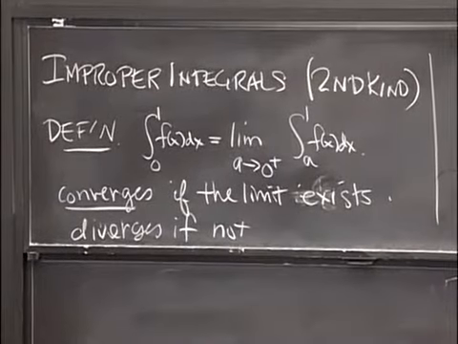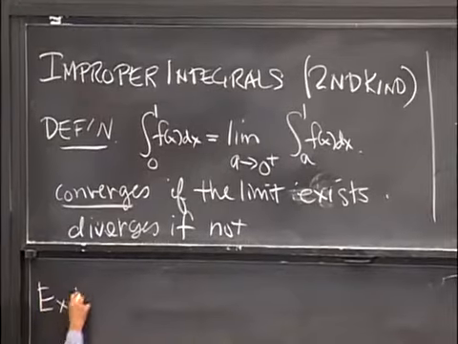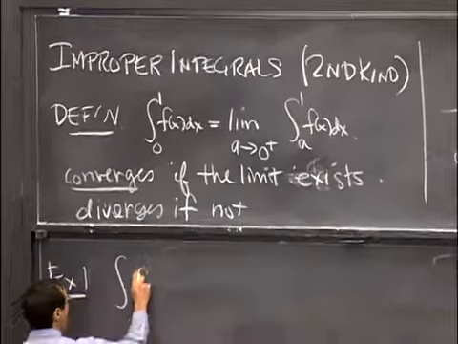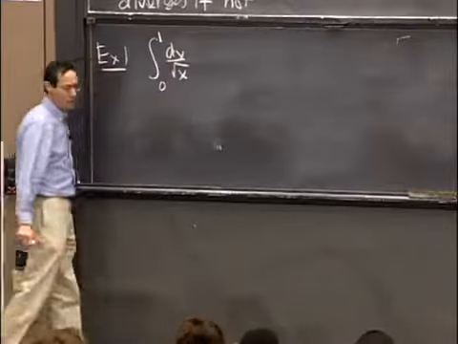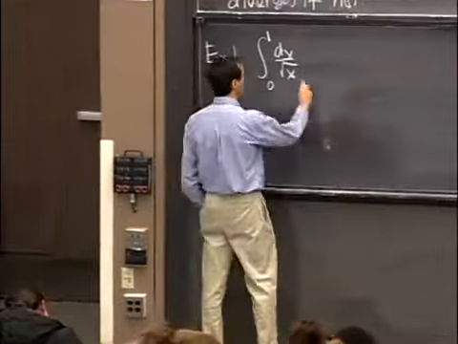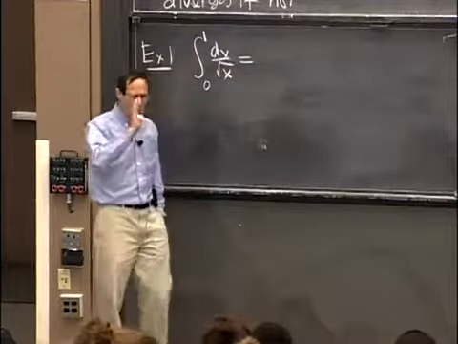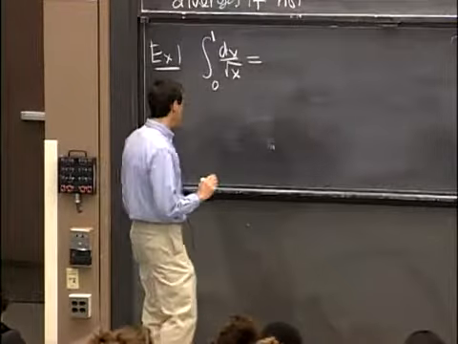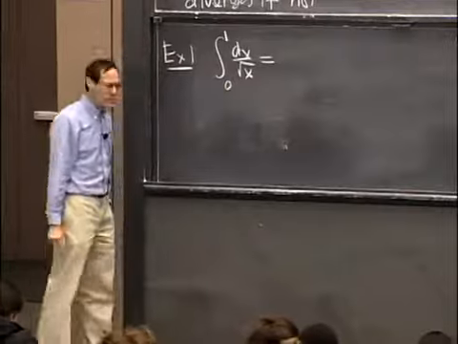Let's just take care of the basic examples. First of all, I wrote this one down last time. We're going to evaluate this one, the integral from 0 to 1 of 1 over the square root of x. And you almost don't notice the fact that it goes to infinity. This goes to infinity as x goes to 0.